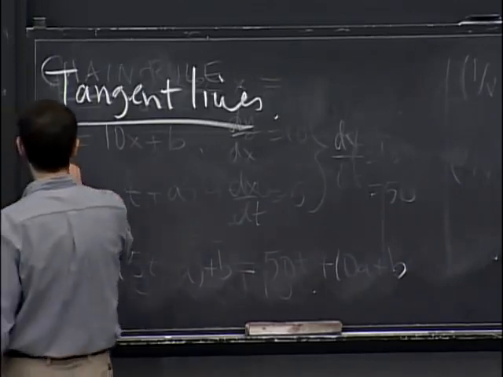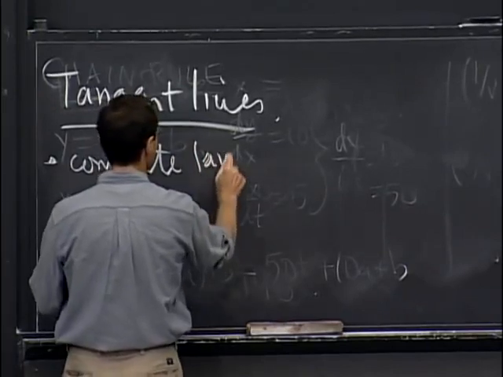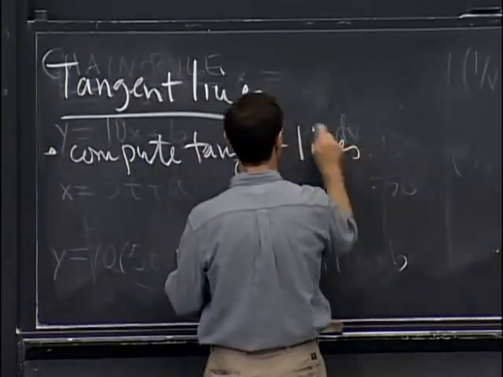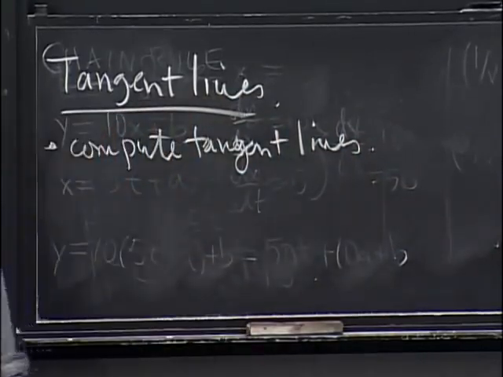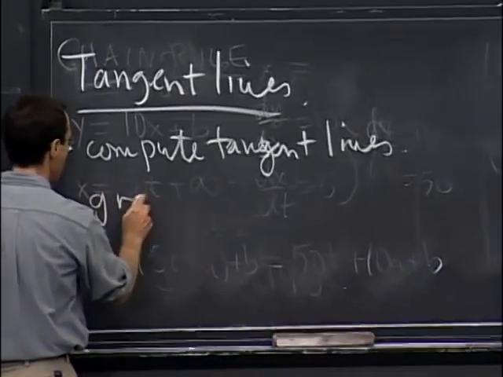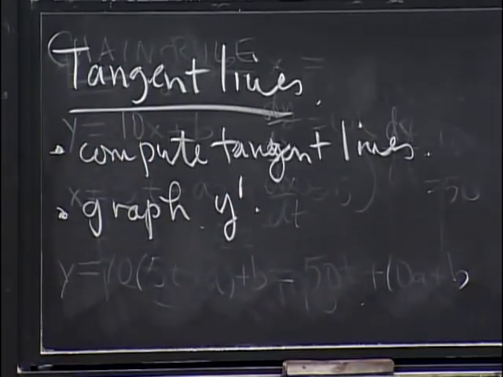So first of all, you'll be expected to be able to compute tangent lines. That's often fairly straightforward. And the second thing is to graph y prime, the derivative of a function.